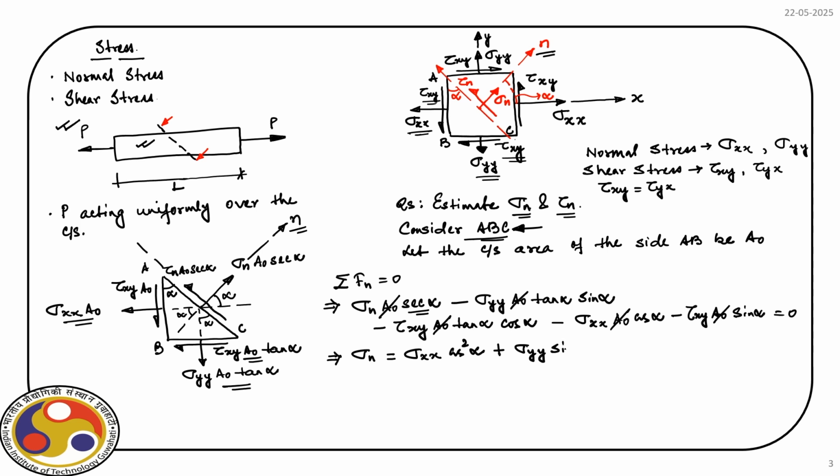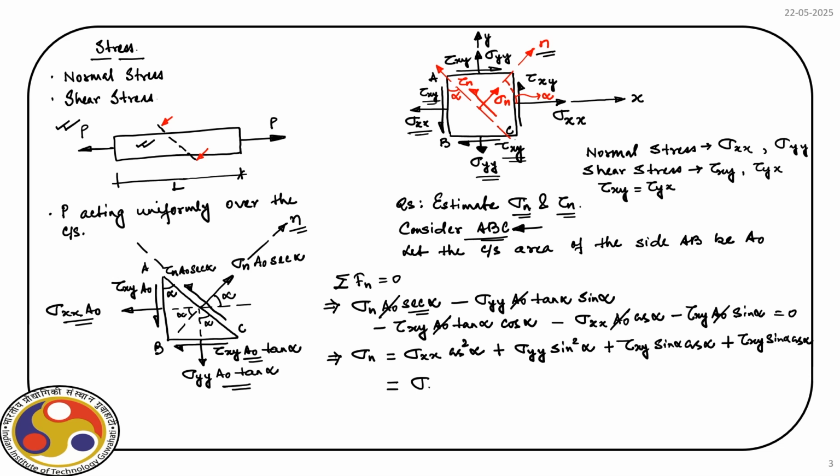So, we will have sine square alpha. Then we have the first term plus tau xy, first term will be sine alpha cos alpha, and then plus the remaining term is also tau xy sine alpha cos alpha.